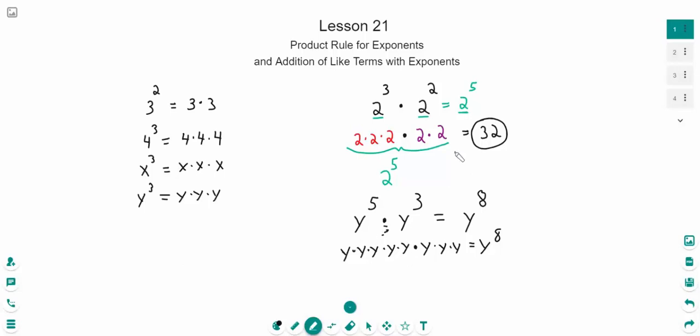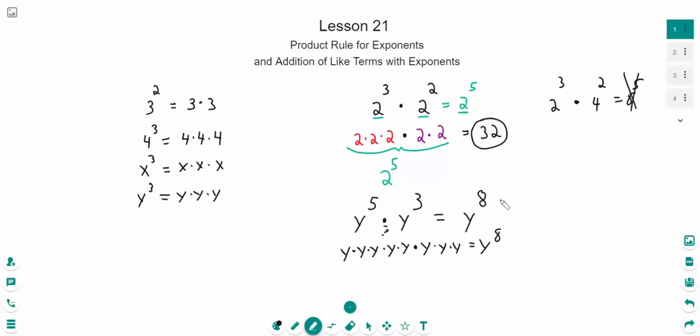All right. Now, one key point that needs to be made here is that these two bases have to be the same. So if I had, instead of 2 to the third times 2 to the second, 2 to the third times maybe 4 to the second, I can't do something weird like 2 times 4 is 8, add the exponents, and that's 5, so it's going to be 8 to the fifth.